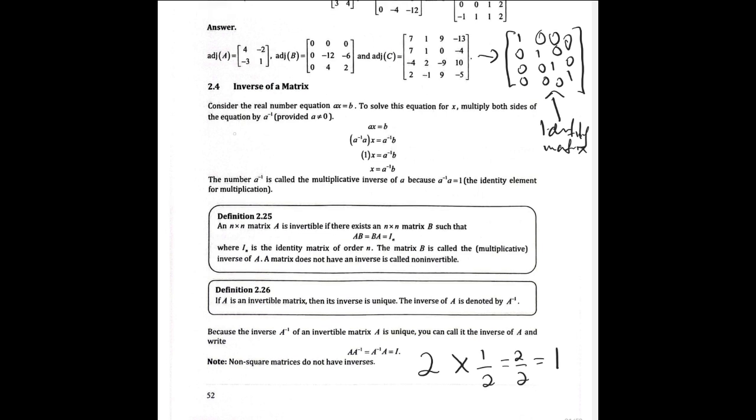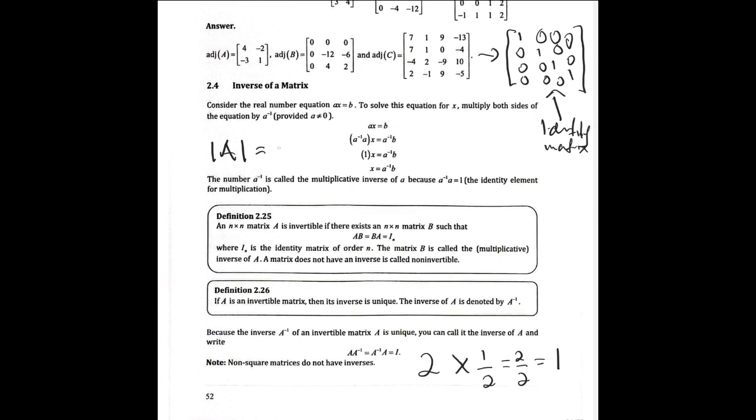For example, take the determinant of A, which has this symbol, and you will get a value, any value. If the determinant is equal to 0, that matrix cannot be inverted.